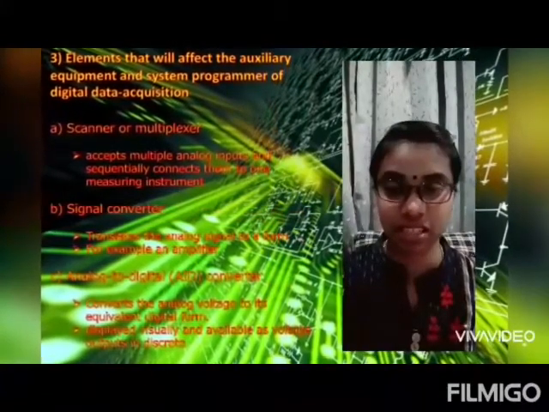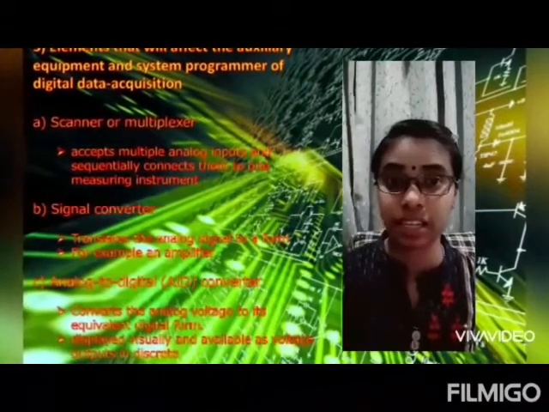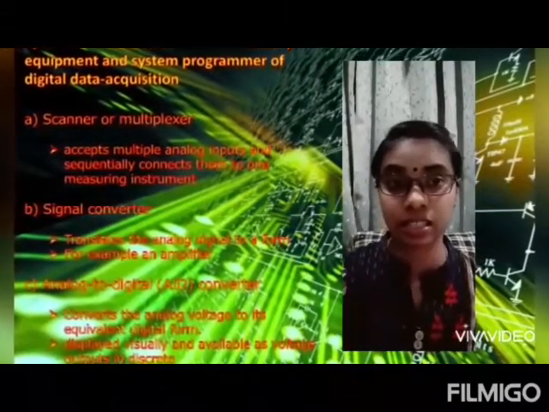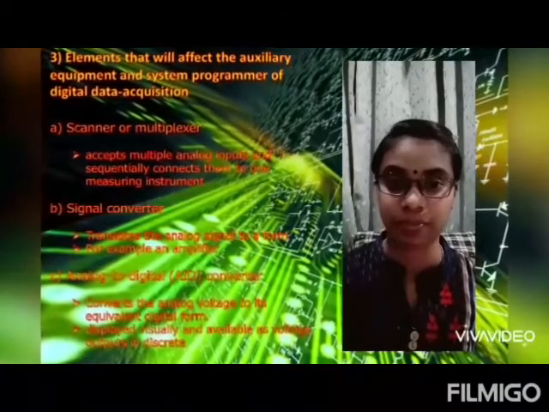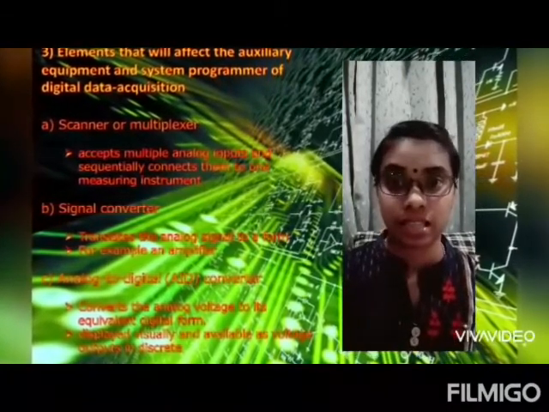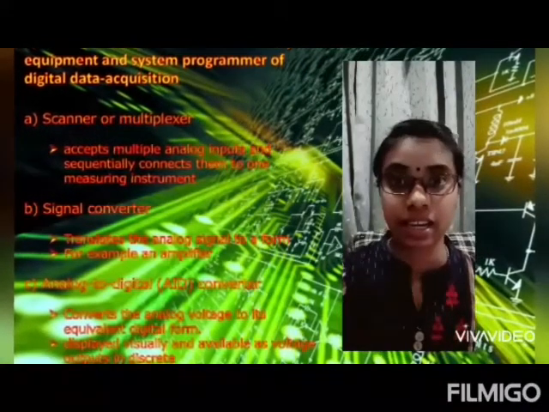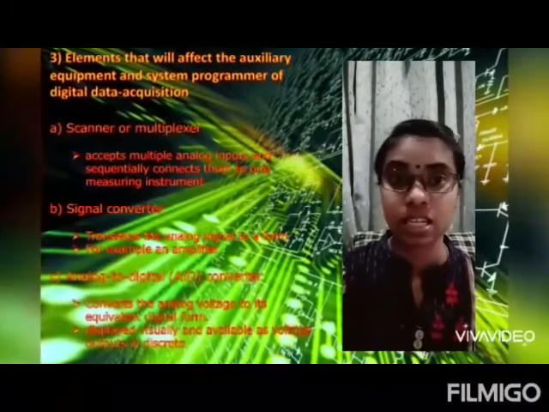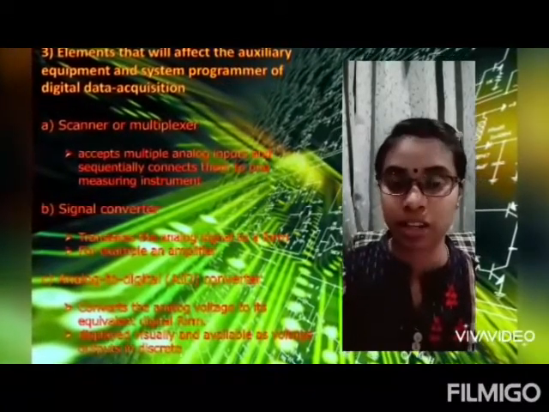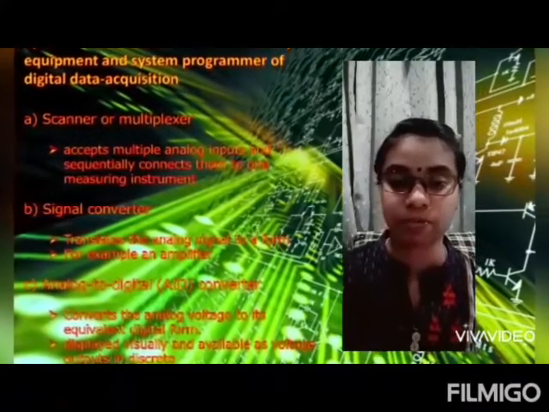The next are the elements that make up the auxiliary equipment and system programmer of a digital data acquisition system. First is the scanner or multiplexer, which accepts multiple analog inputs and sequentially connects them to one measuring instrument.